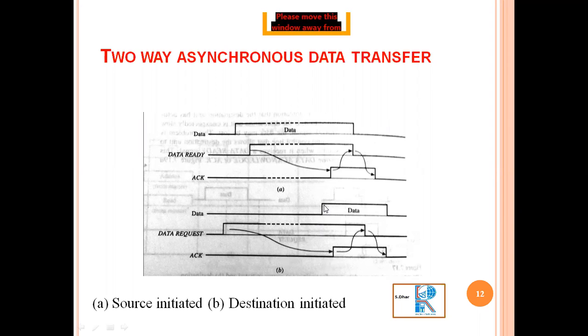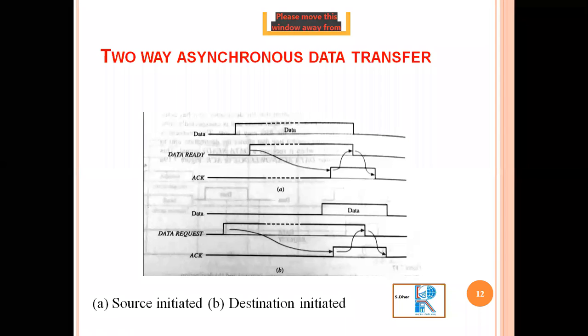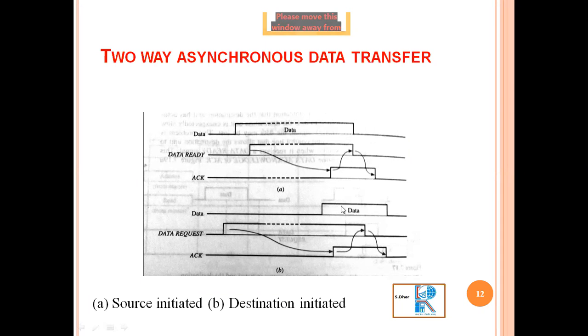First it will put the data into the line. Okay, first it will put the data into the bus. Then it will make the acknowledgement signal high. That means it will tell the destination that, see, I have given the data and I have made it high.